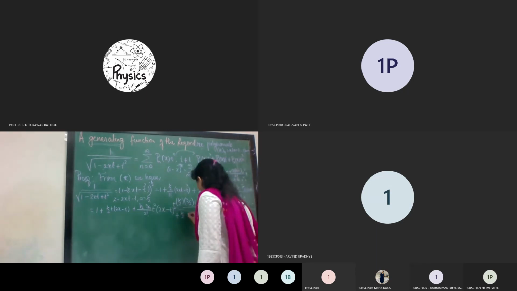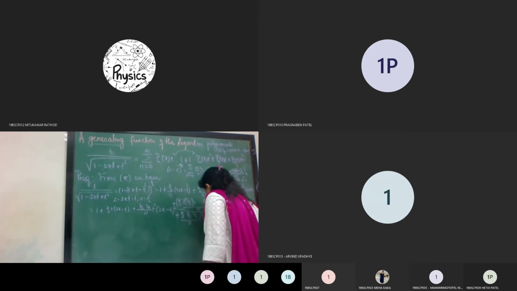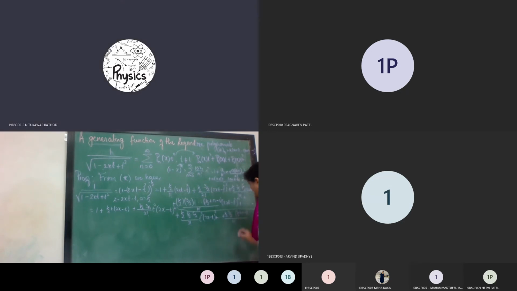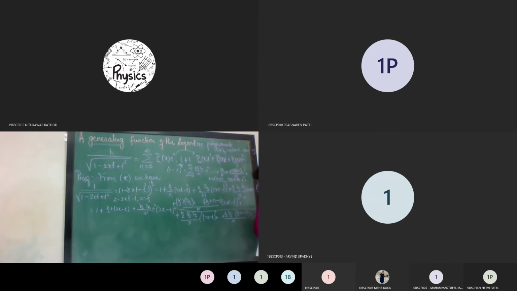So 1 by 2 into 3 by 2 into 5 by 2 upon 3 factorial, t cube common and 2x minus t to the power 3. And in general nth term if I write, it will be 1 by 2, 3 by 2 and so on. The factor 1 by 2 plus n minus 1 upon n factorial, t raised to n common into 2x minus t to the power n, plus up to plus.